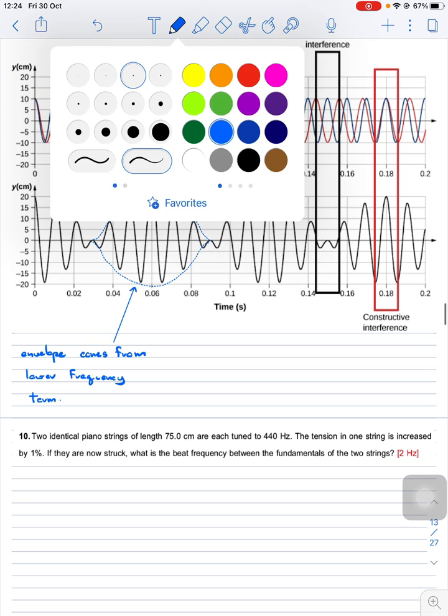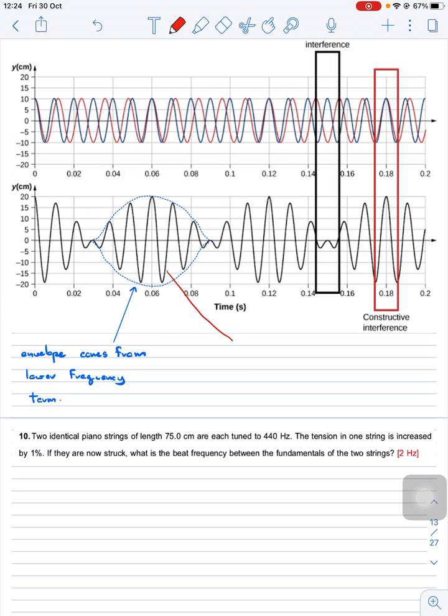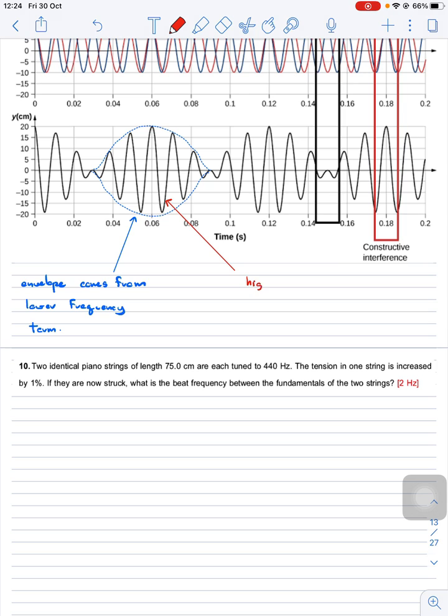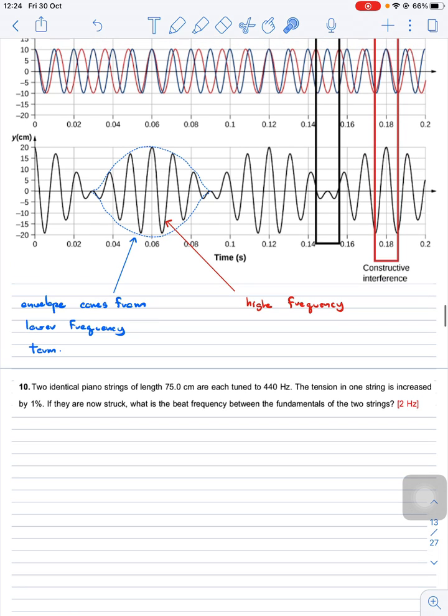Now this part, we just look at this detail. This detail represents the oscillation of the wave which comes from the higher frequency. Why the higher frequency? Because the period is smaller. Because the period of this one is smaller, it represents the higher frequency, and that's it.